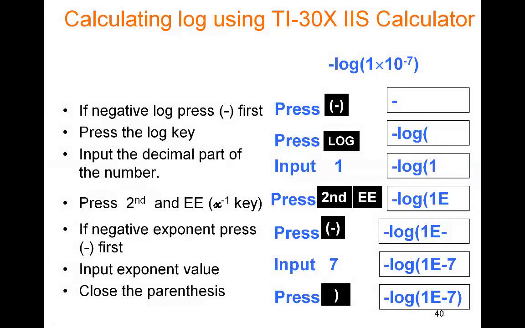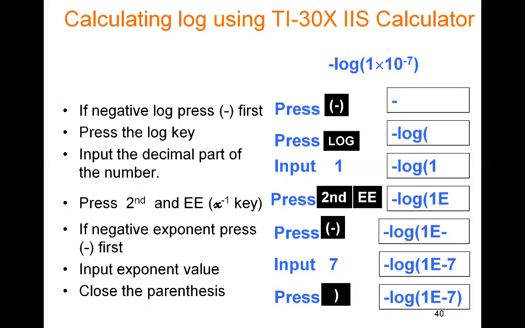So let's practice this and enter in your calculator, try to calculate the pH of 1 × 10^-7. So the negative sign that you put in front of the log function is the one in parentheses. It's not the subtraction sign. So find your negative sign key.